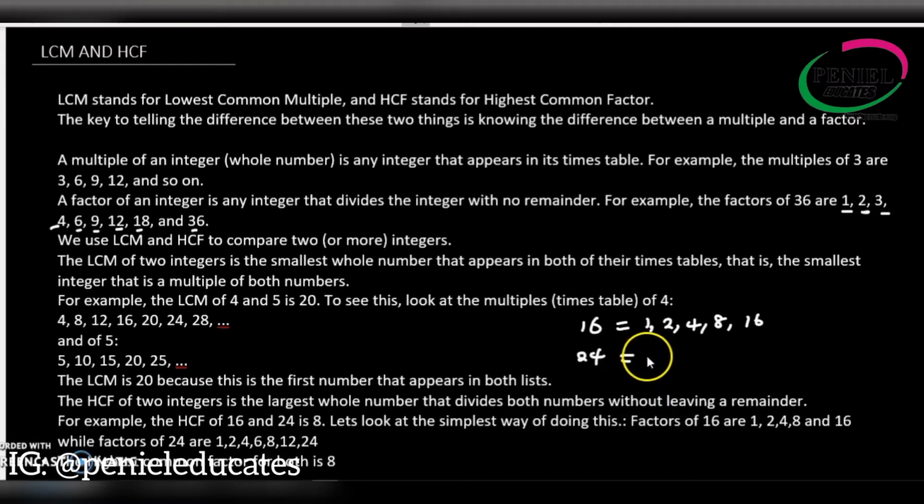Then for 24, 1, 2, 4 can divide it, 6 can divide it, 8 can divide it, 12 can divide 24 without any remainder, and 24 can divide 24 without any remainder. Now the highest common factor for the two is 8.